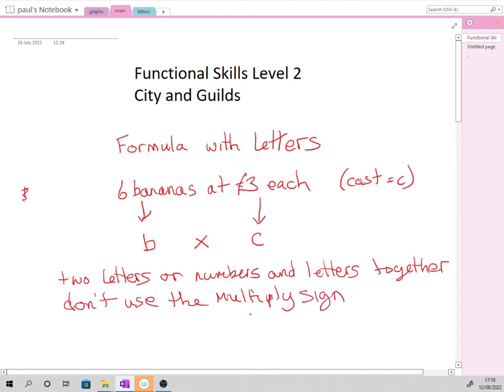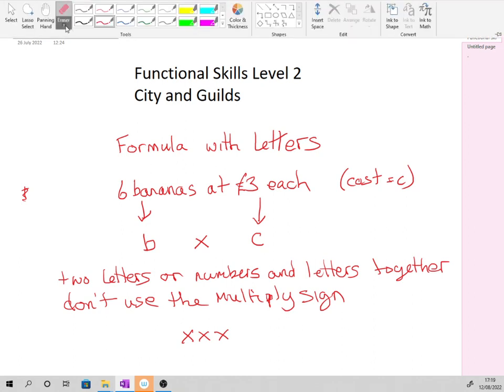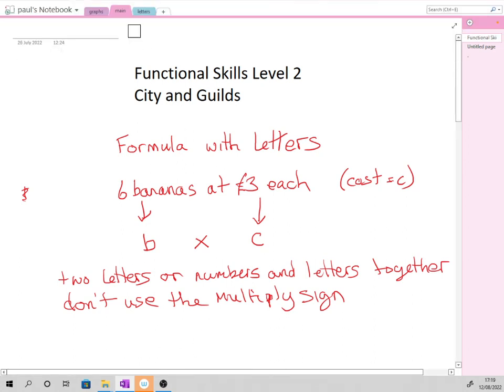The reason we don't use the multiply sign, I think, is because it might look like an X. And if one of our letters in the formula is an X, we might get confused. We might have X, X, X. What is that? X times X times X? Or is this X times X? We don't know, so it's too complicated. So we don't use the X. What we do, we take our B and C and we just write it BC. B times C, an invisible little multiplier.